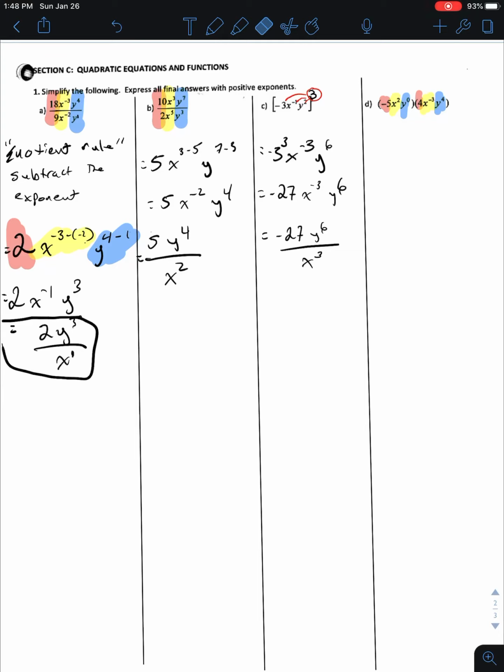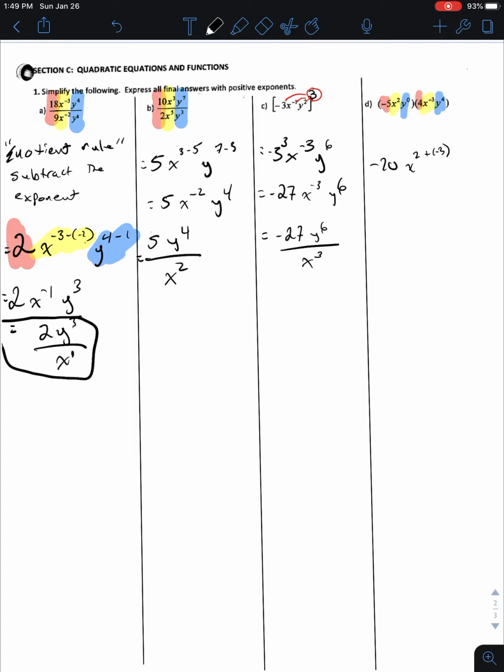There's no addition or subtraction in there. It's just two things multiplied together. So I have numbers, x's, and y's. Apply your power laws to each of them. So negative 5 times 4 is going to be negative 20. Then I'm going to get x squared.